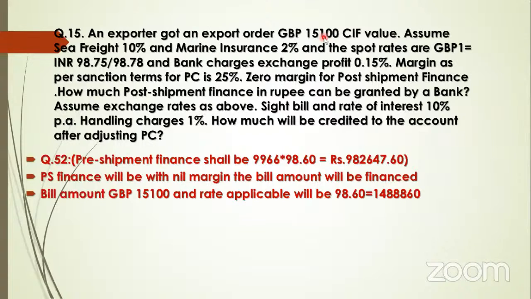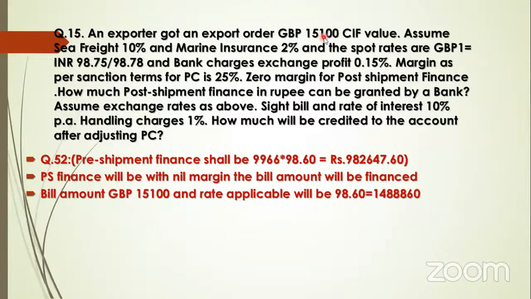Your sanction will stipulate the margin. For some customers it is 25, for some it may be 20. If the risk is more, the margin will be more. If the risk is less, for high-value customers like Tata and some big corporates, even zero margin. Full pre-shipment will be given, and post-shipment also without margin.